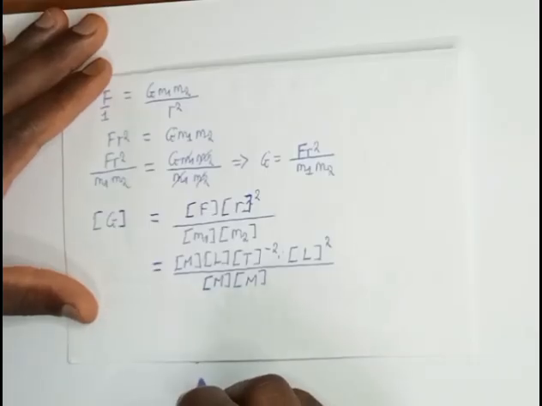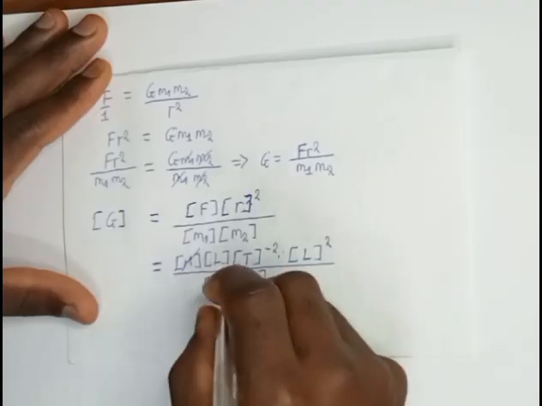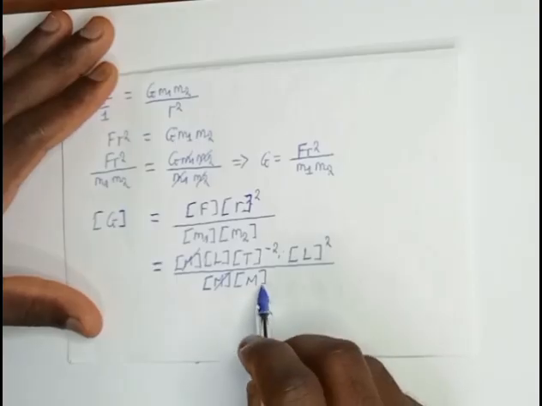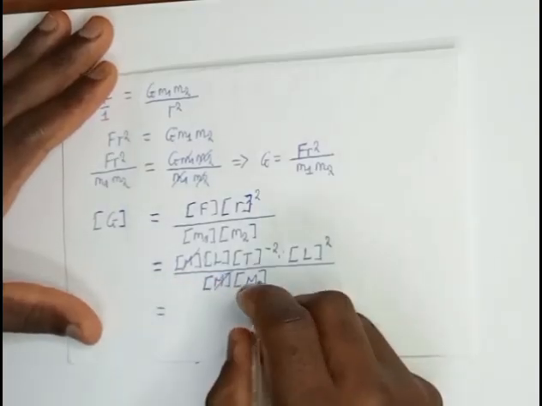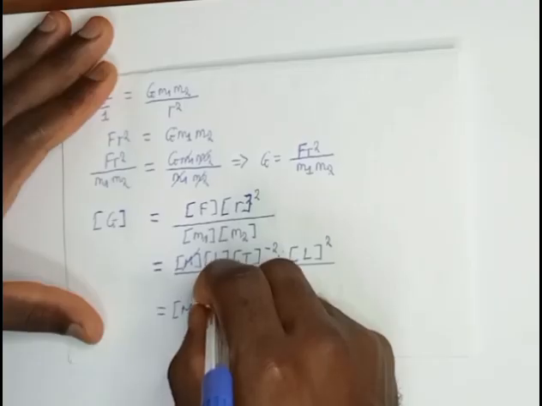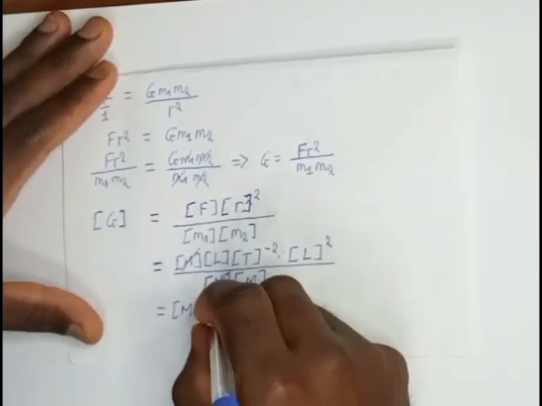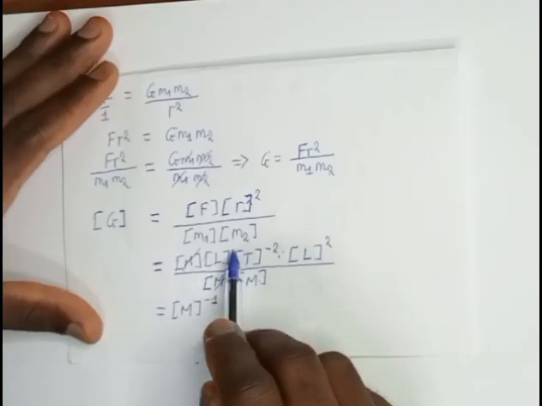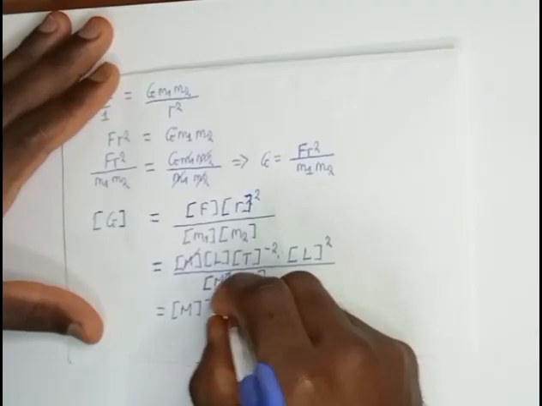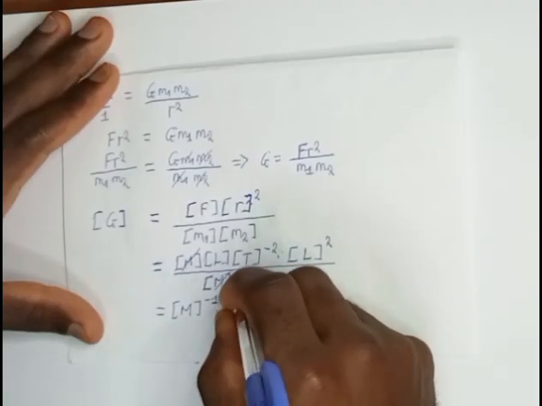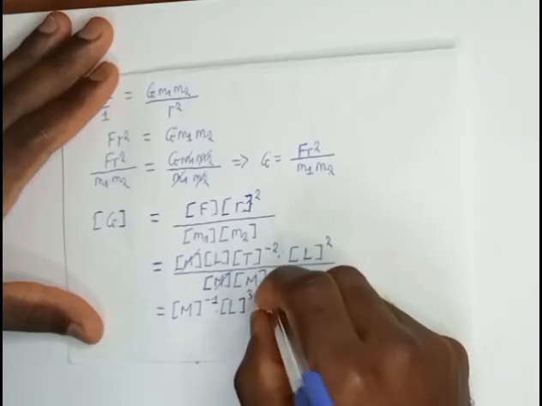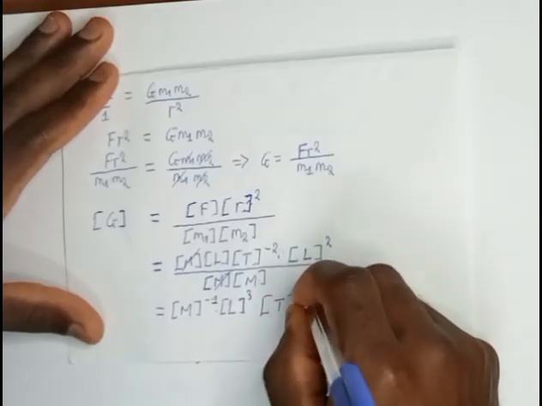Simplifying this will give us, this M at the numerator will strike off this other M. We are going to obtain, when this M comes up, it gives us M to the power negative 1 times L to the power 1 times L to the power 2, this will give us L to the power 1 plus 2, which is 3, times T to the power negative 2.